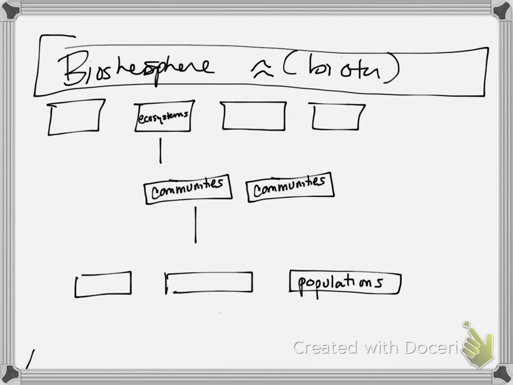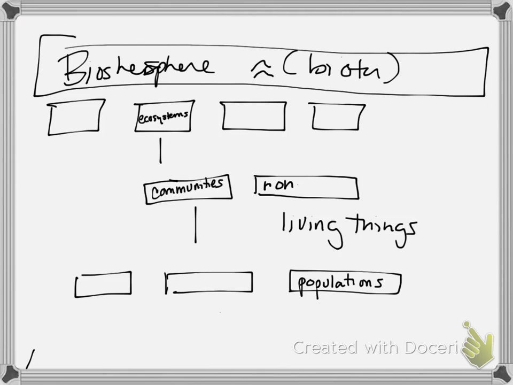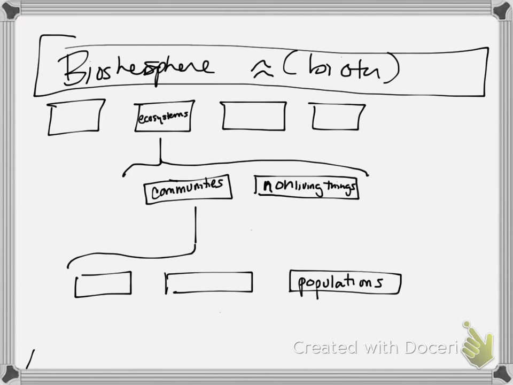When we talk about ecosystems, we typically talk about the community of living things and then all the non-living things. So that's what makes up an ecosystem. And those non-living things are also known as what? The abiotic factors, right? So within an ecosystem, we're going to have that. Within a community, though, we are going to have bunches of different populations.